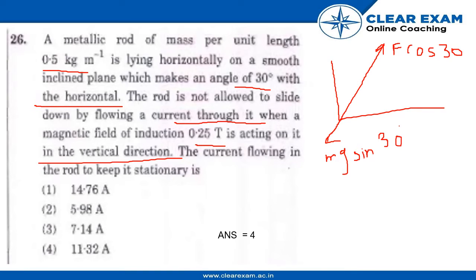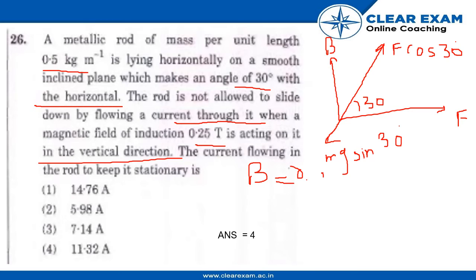Cos 30 degrees. The angle is 30. This is B. This is F.